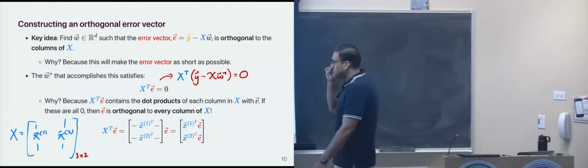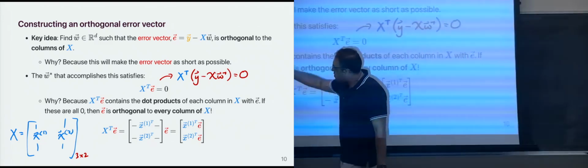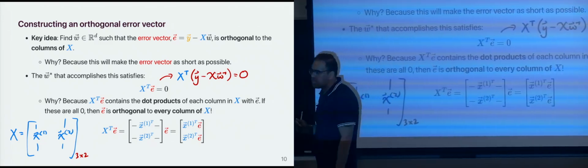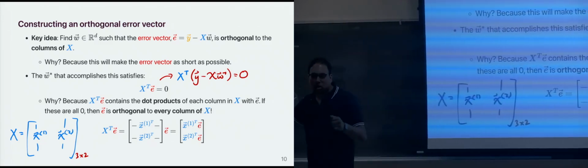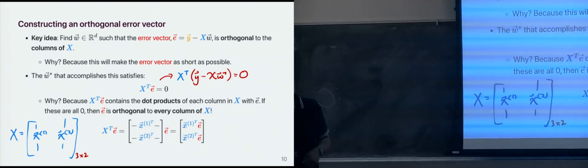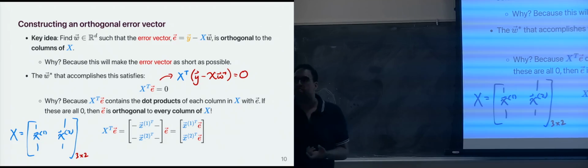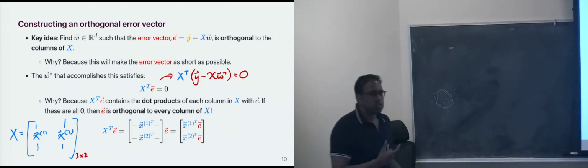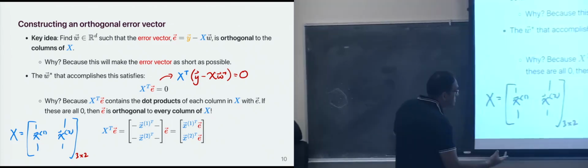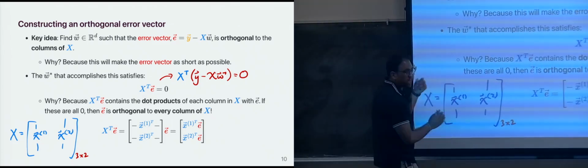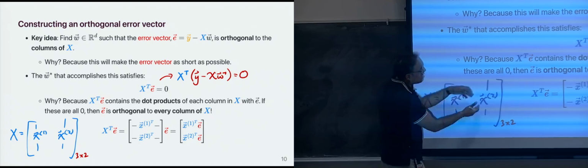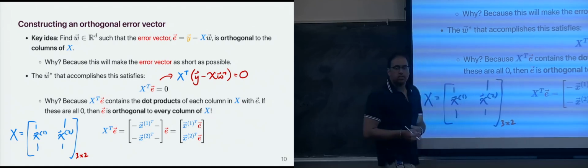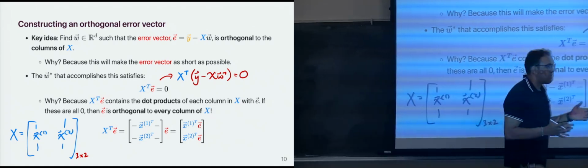What I want is for each of these columns, x1 and x2, to be perpendicular or orthogonal to the error vector. Okay? And remember, an equivalent condition for two vectors being orthogonal is that their dot product is 0. So equivalently, what I'm looking for is the dot product of this column with the error vector to be 0, and the dot product of this column with the error vector to be 0. That's what I'm searching for.